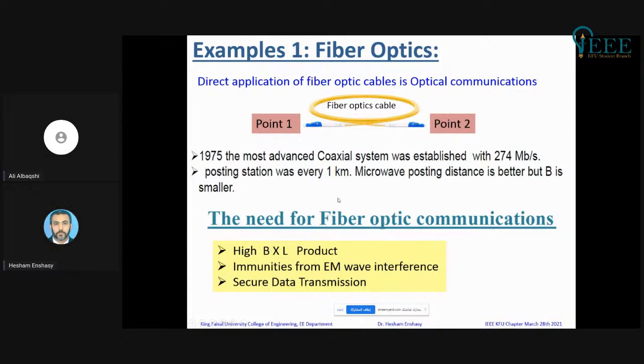communication system. The second advantage of fiber optic communication is the immunity from electromagnetic wave interference. With coaxial cable and microwave, electromagnetic interference is inevitable.